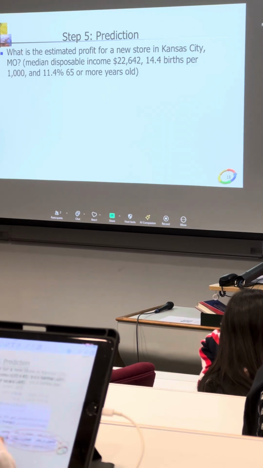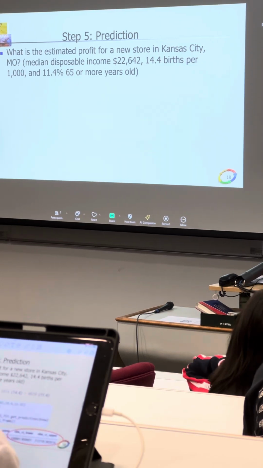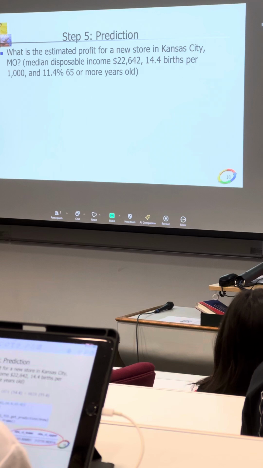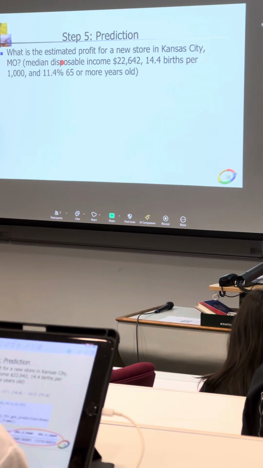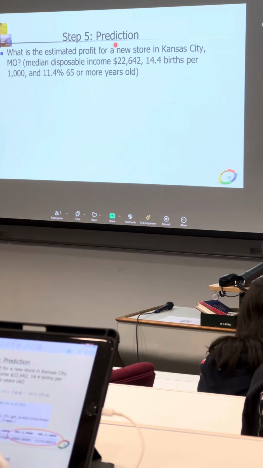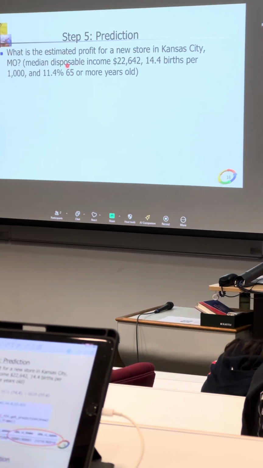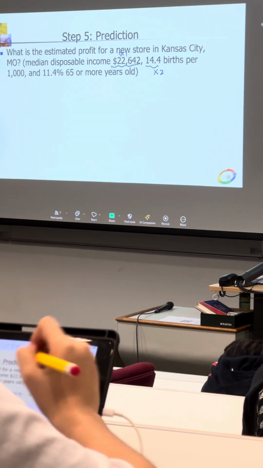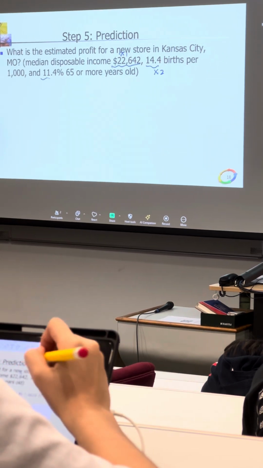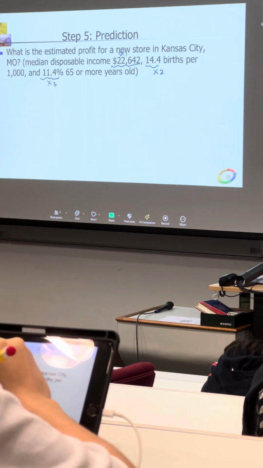Now, let's say that we already identified a location for expansion. That is a store located in Kansas City. We want to estimate the profit of it, so the goal is prediction. Let's say that the disposable income in this location, X1, is 22,000 something. X2, the birth rate, is 14.4. X3 is equal to 11.4.